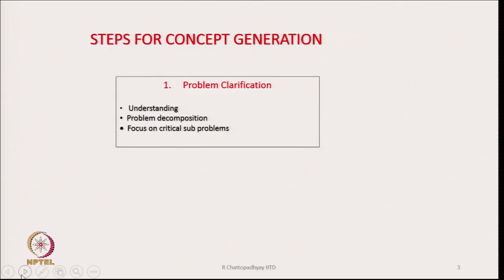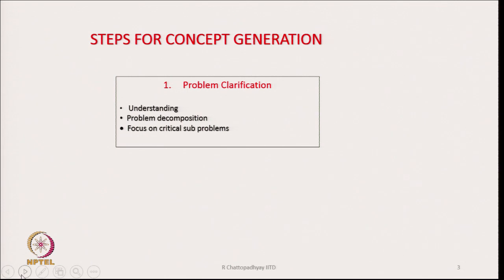So, we should be very clear about what exactly we want to design or what sort of design improvement is exactly required. Next part is problem decomposition, that is, decompose a bigger problem into smaller ones. We will discuss about them in more details now, and then focus on critical sub problems.